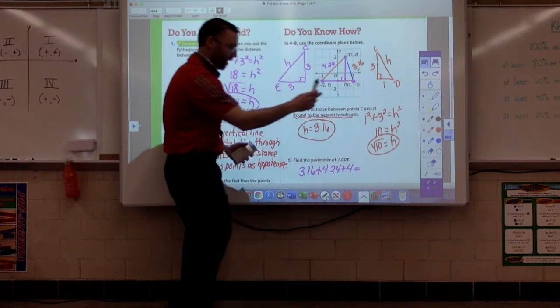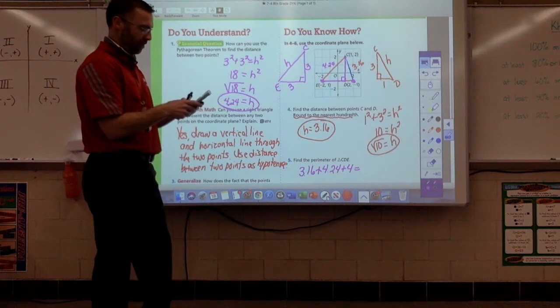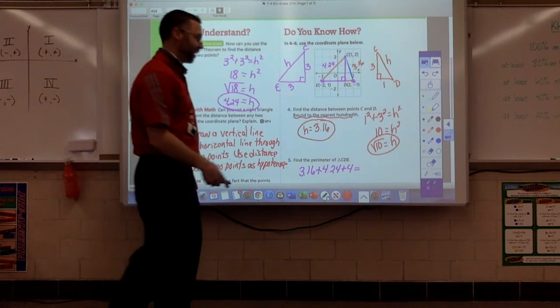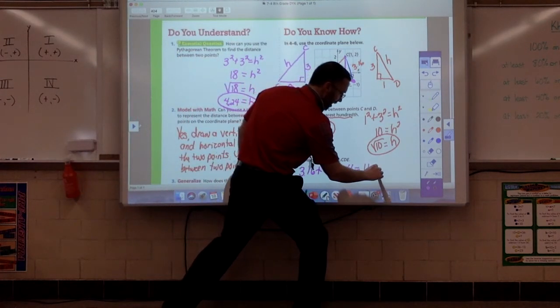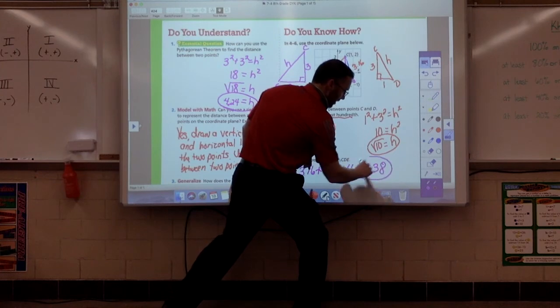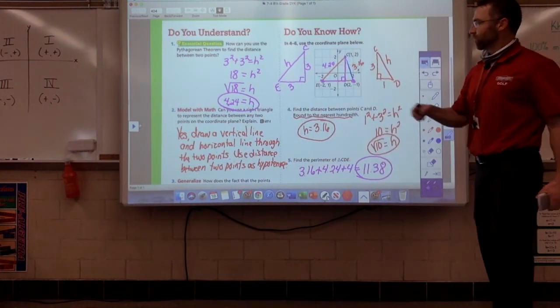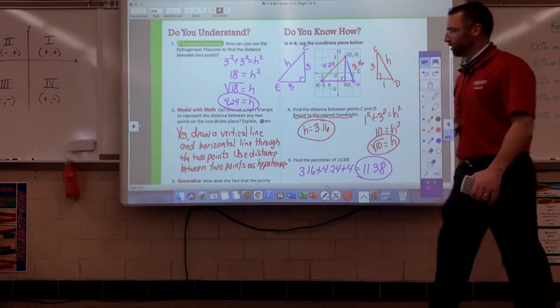Find the perimeter by adding those together. So let's go. 3.16 plus 4.24 plus another 4. Could have told you that. It's 11.40. That's the perimeter, or the distance around this triangle.